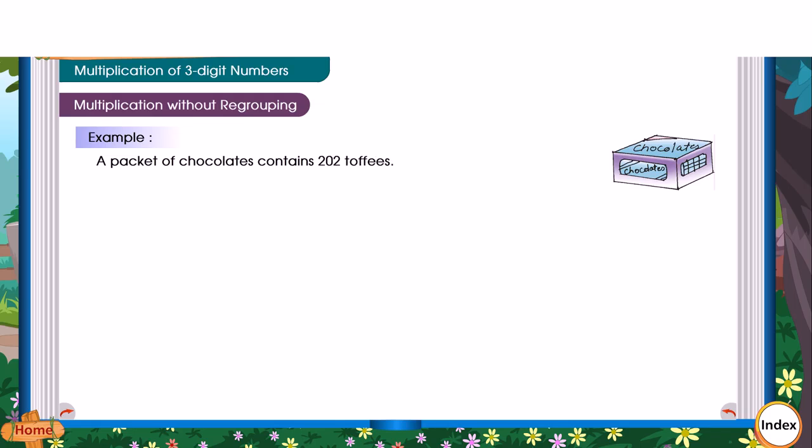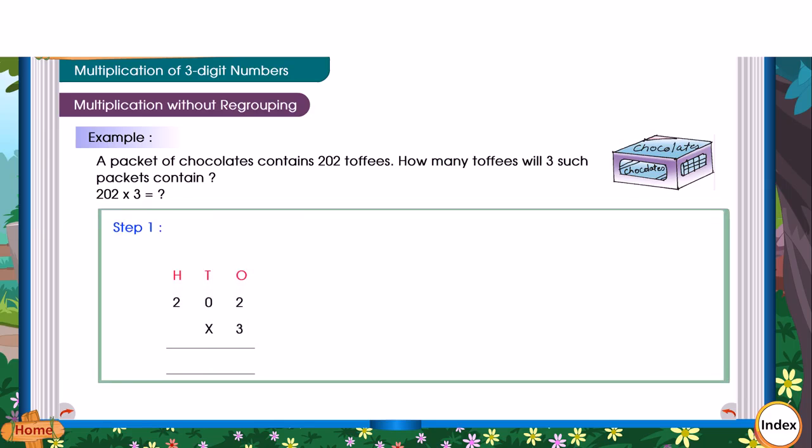Example. A packet of chocolates contains 202 toffees. How many toffees will 3 such packets contain? 202 into 3 is equal to how much? Step 1. Multiply the ones. 3 into 2 is equal to 6 ones.